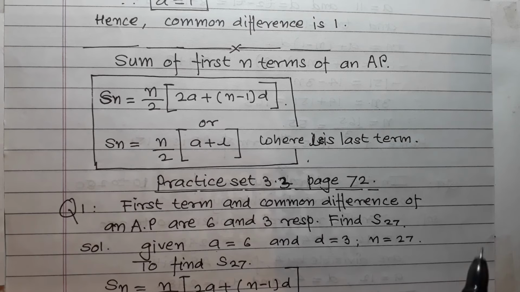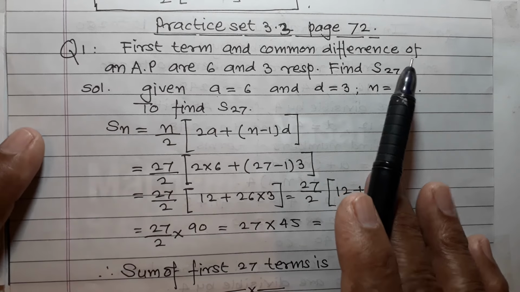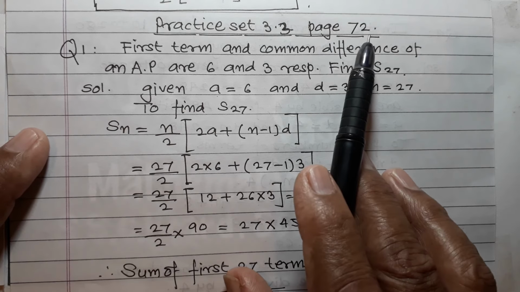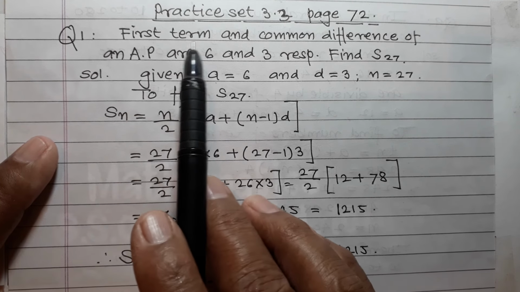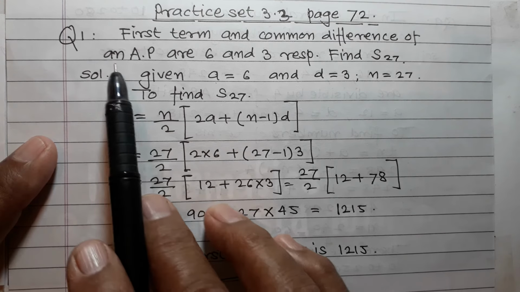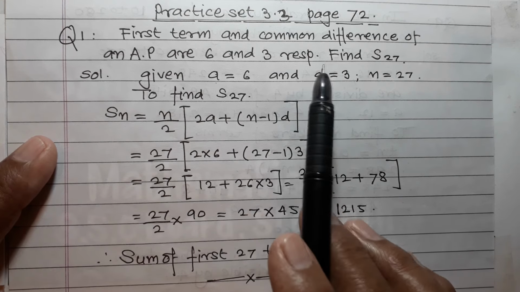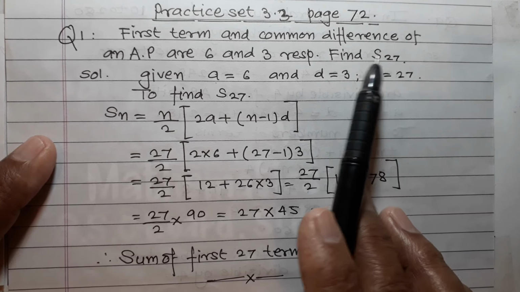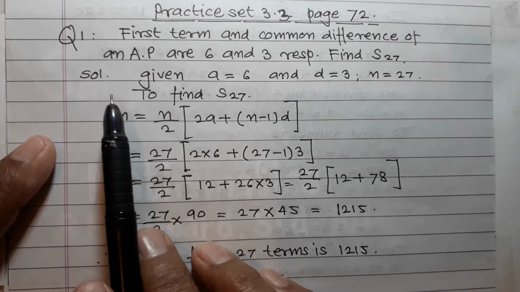Okay. Then for more explanation, I take some examples from practice set 3.3, page 72. Question number 1. The first term and common difference of an AP are 6 and 3 respectively. Find S27. So for S27, here n is equal to 27. Okay. Solution.